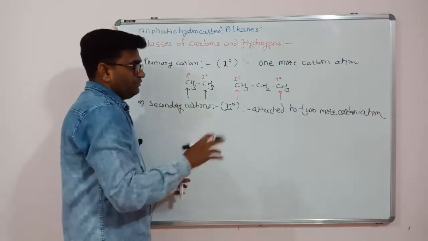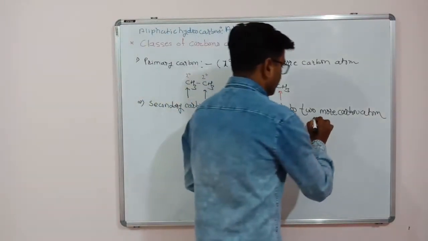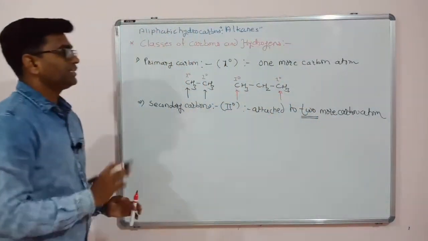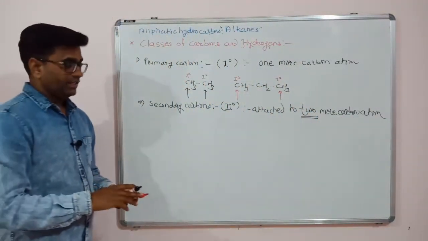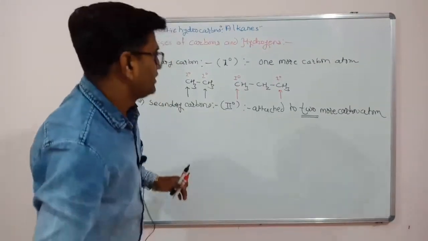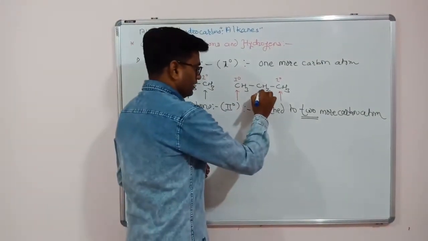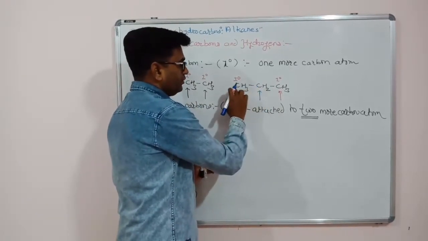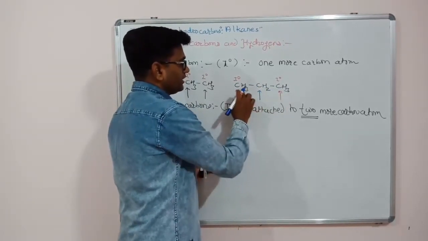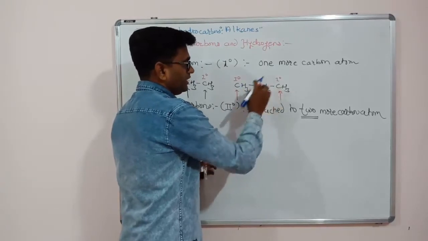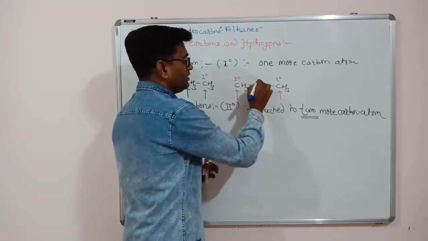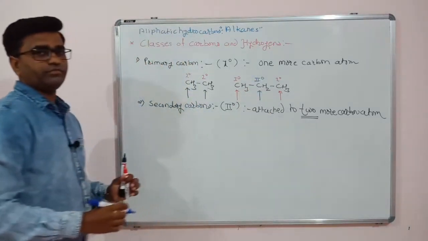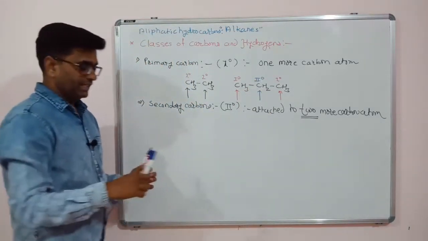For example, see here, propane. This carbon atom is attached to two more carbon atoms. See, this one is attached and this one is also attached. What do we call this carbon? Secondary carbon. This carbon is called a secondary carbon.